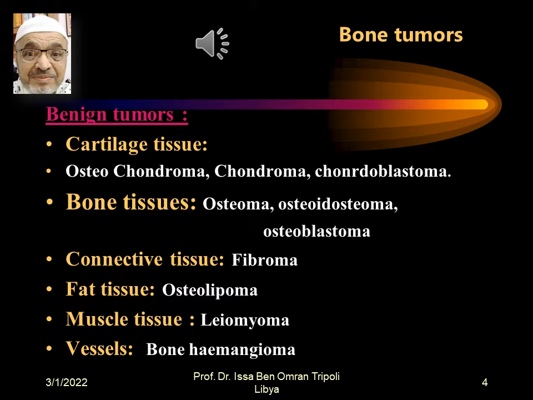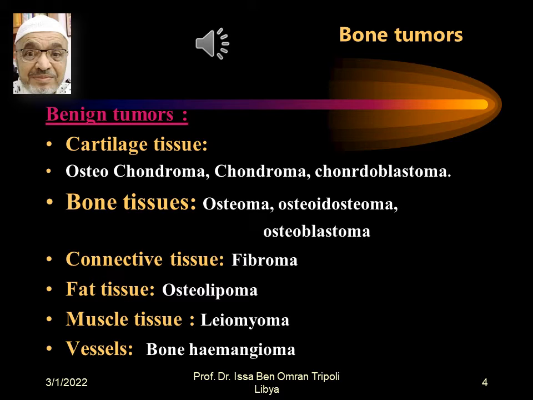Now to the classification of bone tumors, we have benign and malignant tumors. Benign tumors affecting cartilage tissue as osteochondroma or chondroma or chondroblastoma. Benign tumors can affect also bone tissues like osteoma, osteoid osteoma, and osteoblastoma.